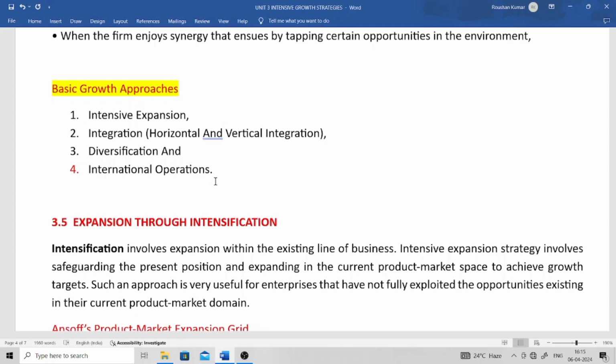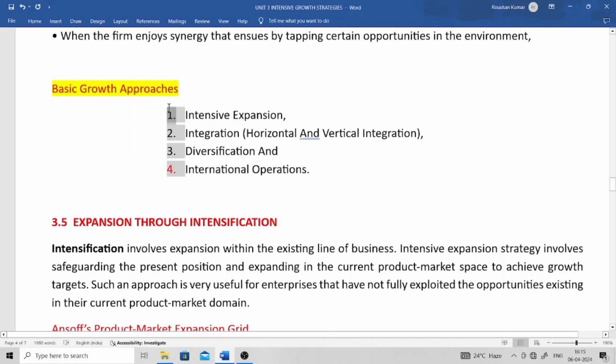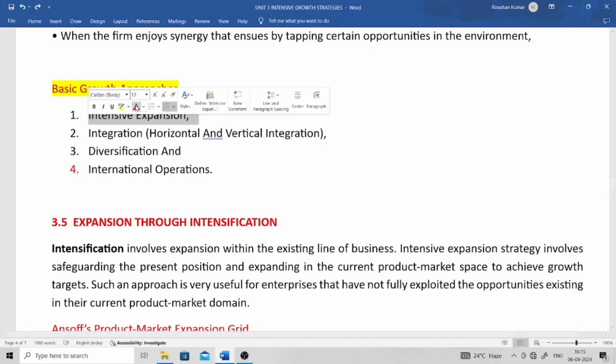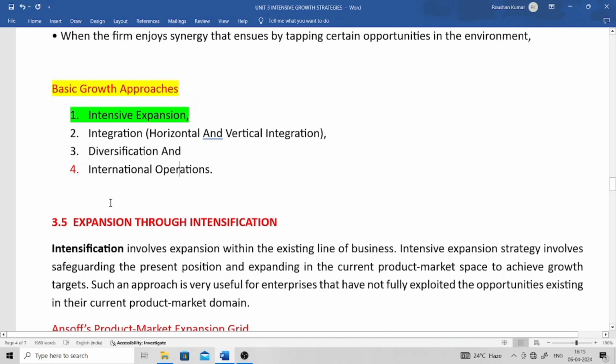So first, let us move on to expansion through intensification. This will be the first one, intensive expansion, or expansion through intensification. Intensification involves expansion within the existing line of business.